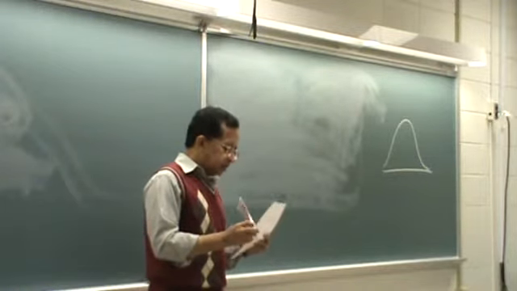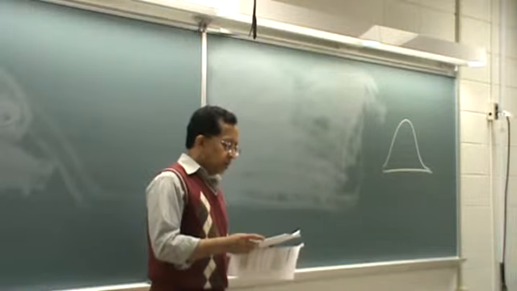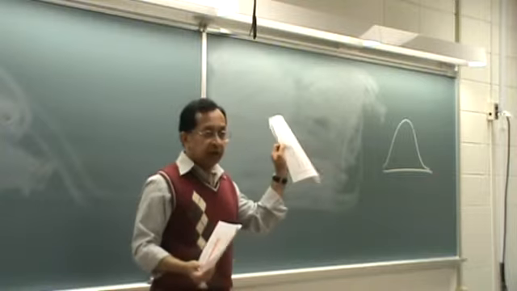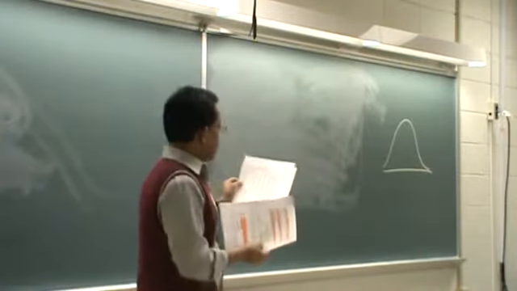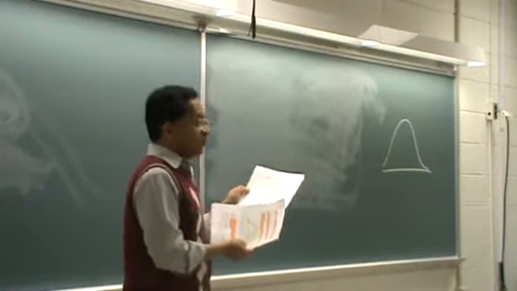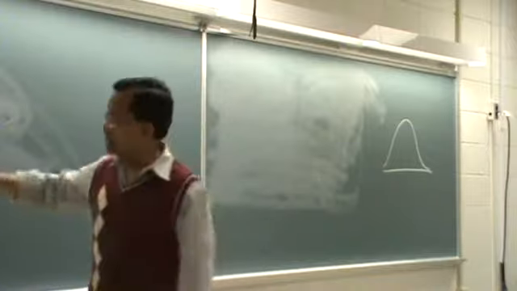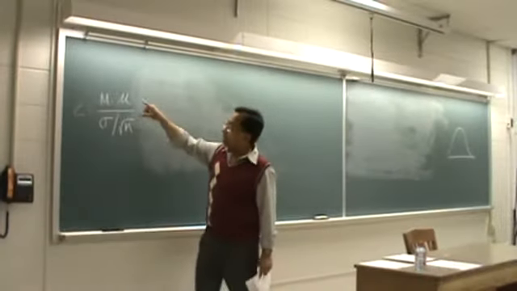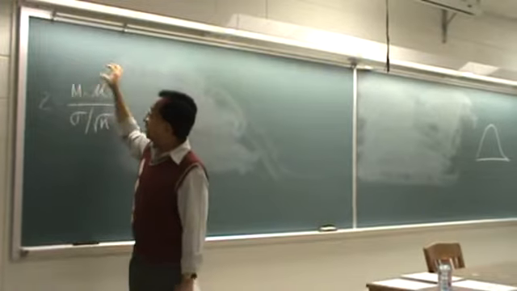What are the other things we are going to use here? If you look at the last page of your handout, I have given you a copy from the textbook, the critical values for the T distribution. Remember, for hypothesis testing, we looked at the alpha level, then we decided whether it's on the right tail or the left tail or on each tail.